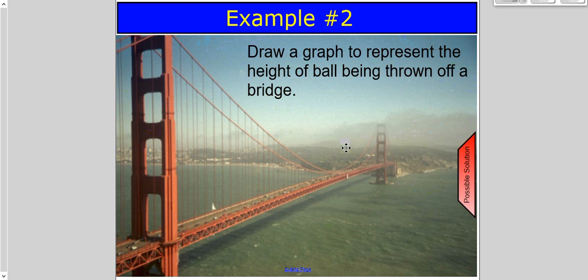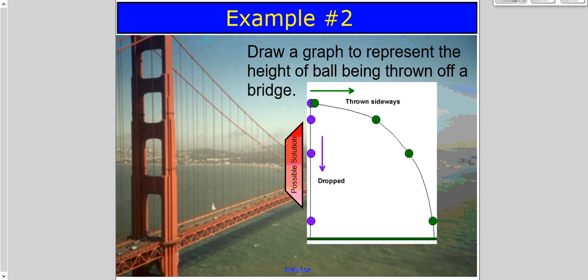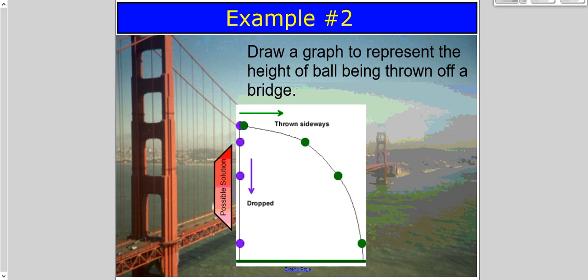Okay, how about if you threw a ball off of a bridge? What would that look like? Pause it here, draw your graph, then come back for the answer. Possible solutions: if you threw the ball out sideways, it could go this way. Maybe that's what you're thinking of.